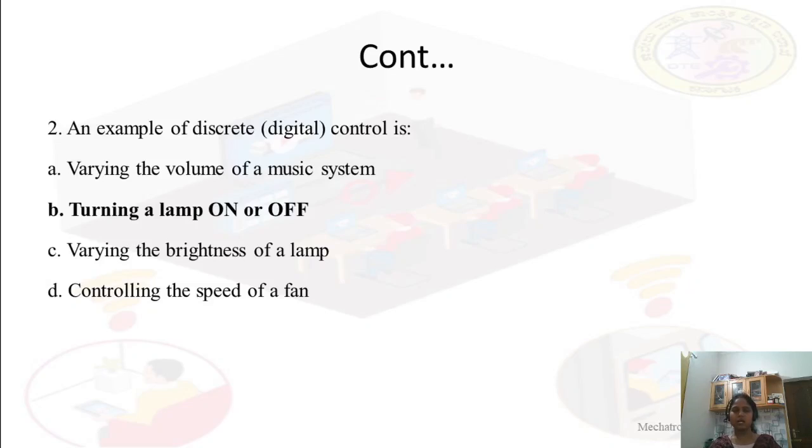Turning a lamp on or off is the digital control, only 0 or 1. So this is an example of digital control. Varying the brightness of a lamp is again continuous control. Controlling the speed of a fan is also an analog control.